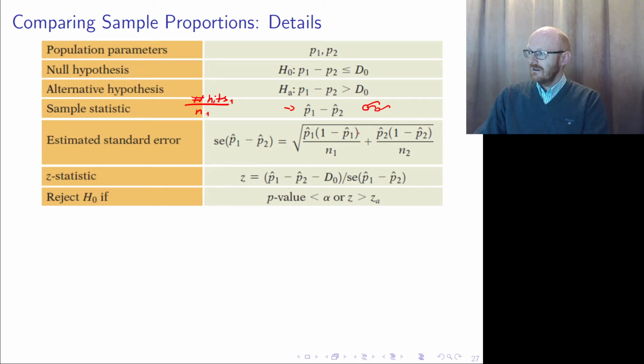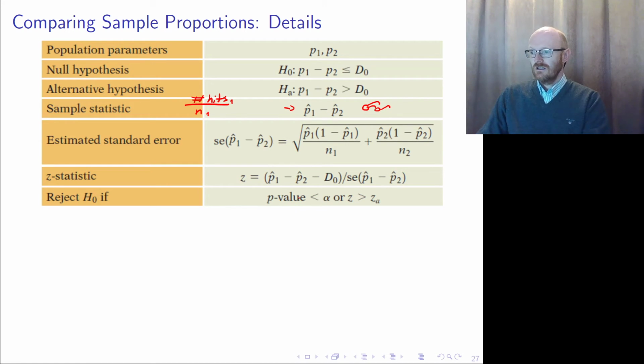This is the sample variance of the proportion, and you do the same for group 2. And this estimated standard error you can use to make the z statistic, which is just the difference in proportions minus a cutoff divided by the standard error of the difference.